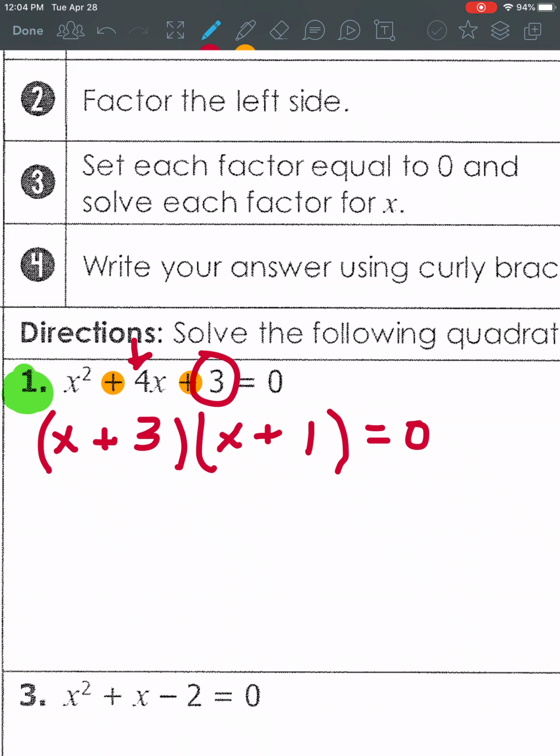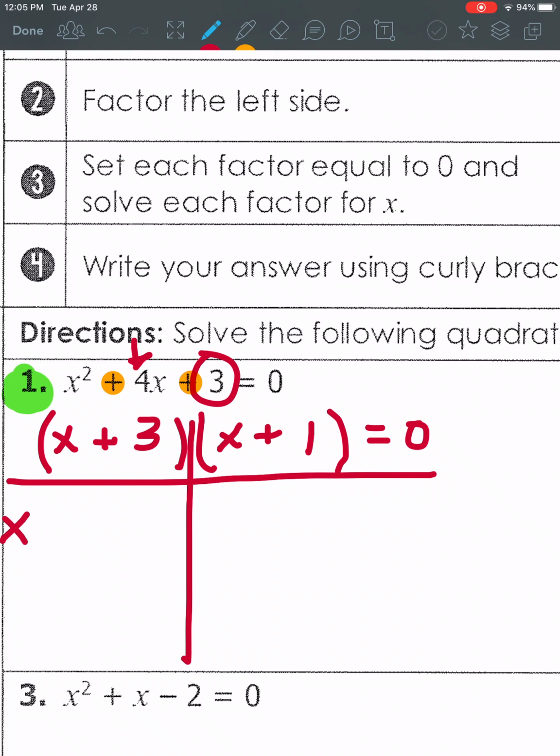I'm kind of doing that part in my head, the double checking that it multiplies back to that polynomial, okay? Then set them both equal to 0, so x plus 3 equals 0, x plus 1 equals 0, and solve for those.